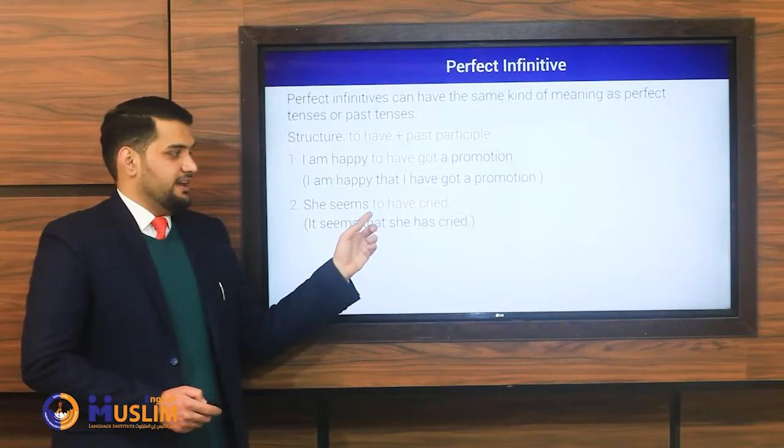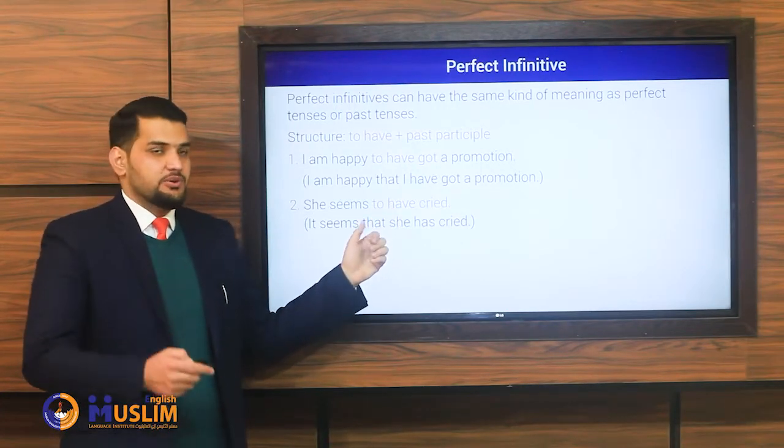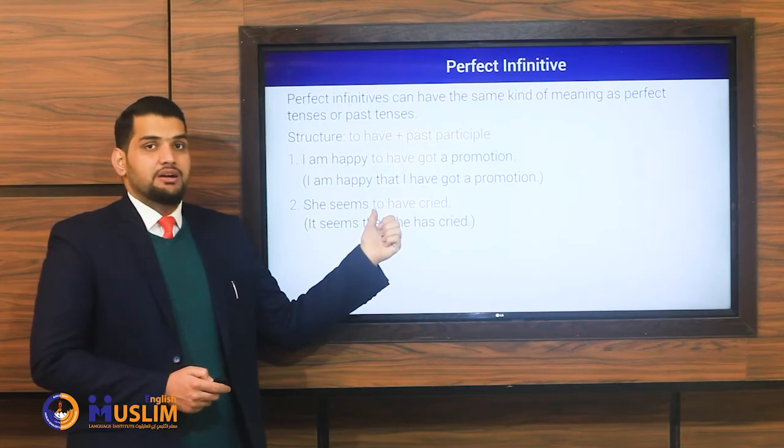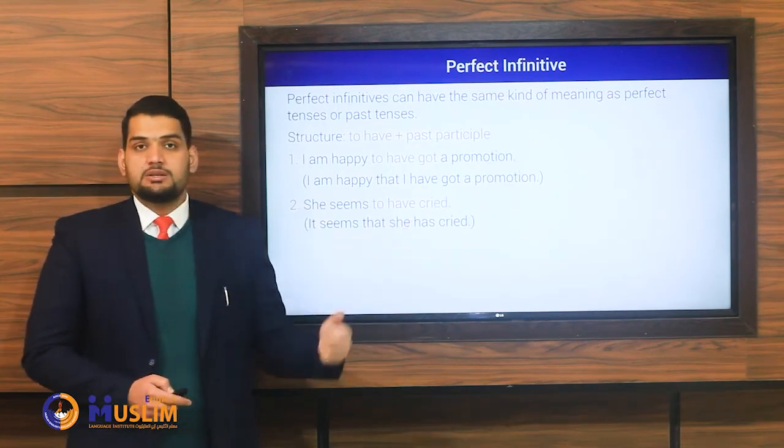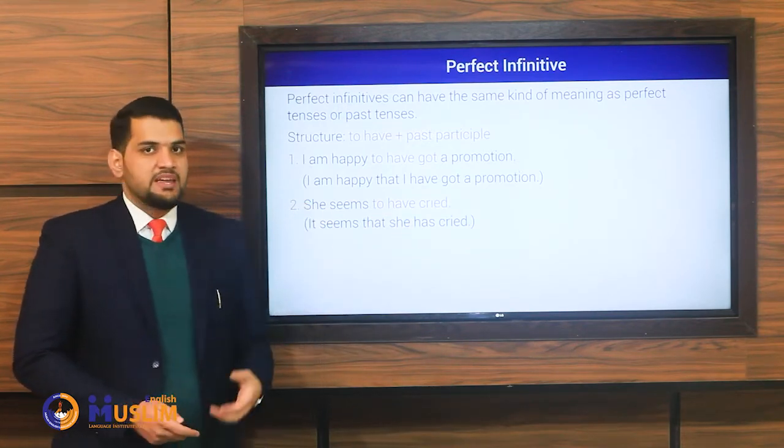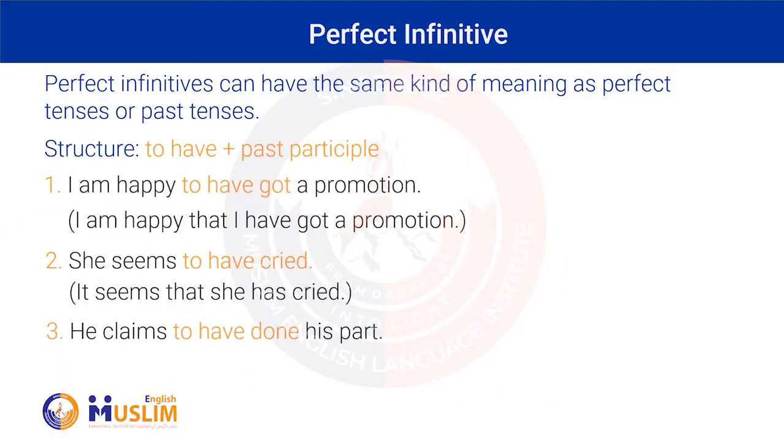Now, you cannot say to has cried, because as I told you earlier, you have to say to have, because after to we use the base form of the verb. Example number 3, he claims to have done his part. You can also say the same sentence as, he claims that he has done his part.